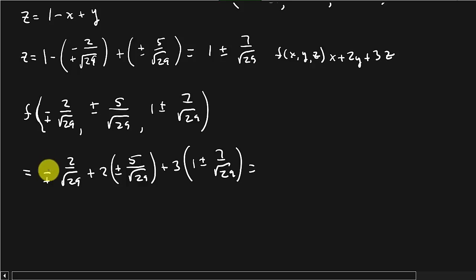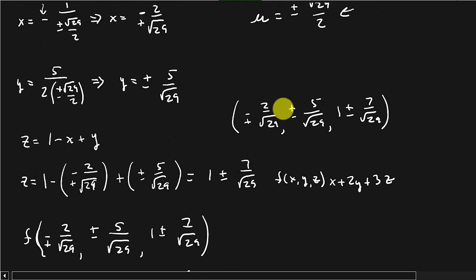And like I said, you can do them all separate if you want. But what you're going to end up with there is 3 plus or minus square root of 29.